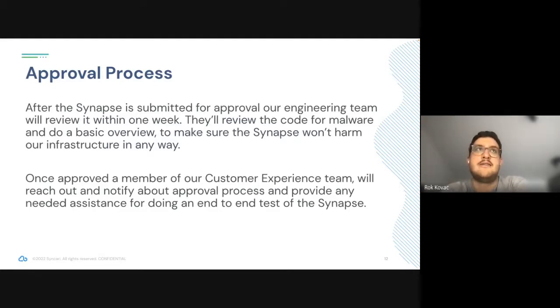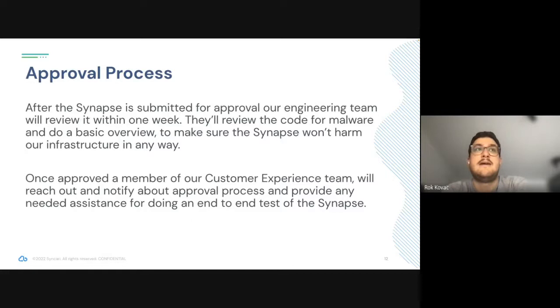We just want to give ourselves a little bit more time, especially for the first synapses that are going to be released by our partners, so that we can properly make sure that everybody's aligned and the synapses will be working. But we hope that, in the following months, we'll be able to reduce this significantly and have a quicker turnaround.